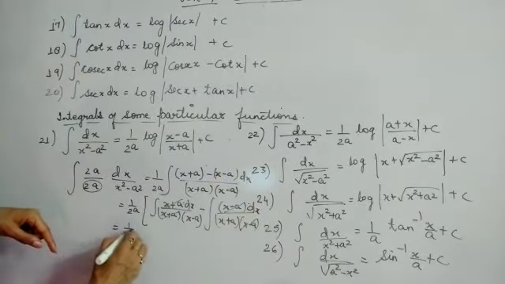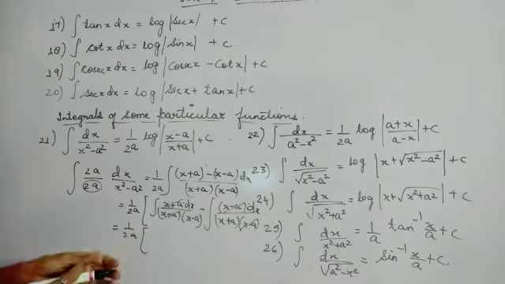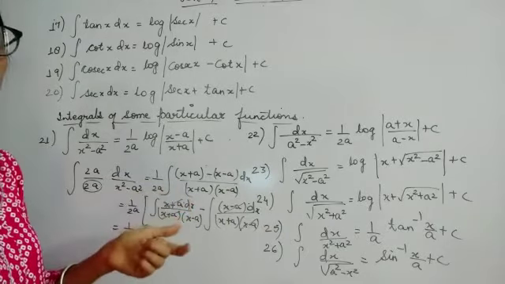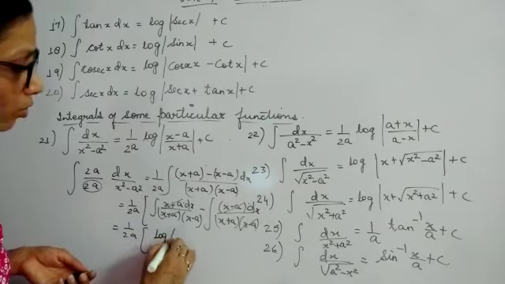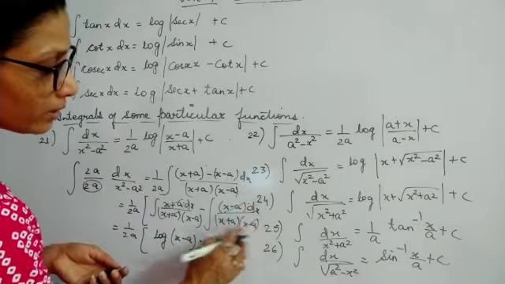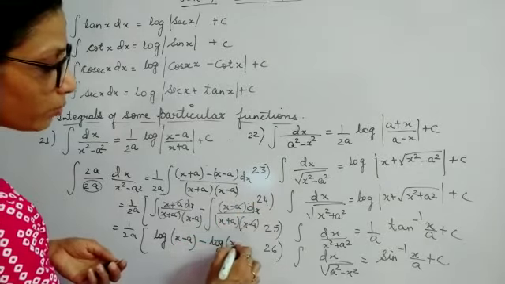So now I am getting it just as dx upon x minus a, which is of the form 1 upon x, and you know integration of 1 by x is log of x. So I'll just be writing it as log of x minus a, and simply here it is again dx upon x form. So again it will be written as log of x plus a.